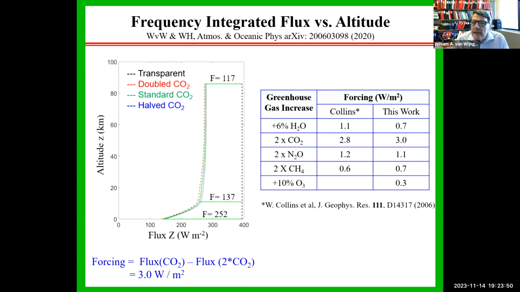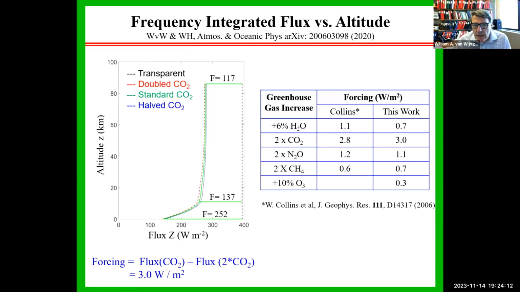Now, if we integrate the intensity at all wavelengths, then we get what's known as the flux, and we can plot this versus altitude. So as you go up, you're above most of the greenhouse gases, the flux becomes a constant.